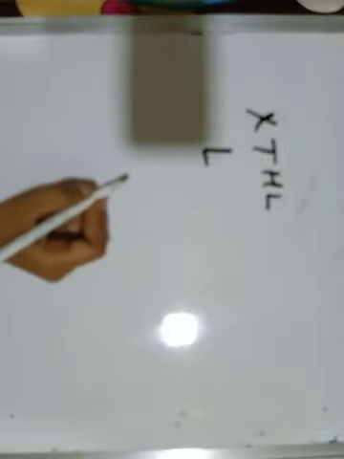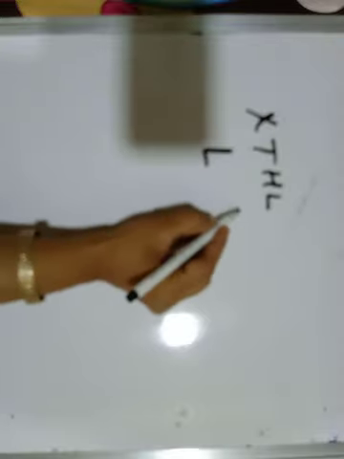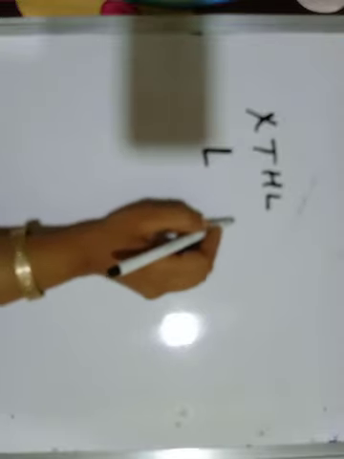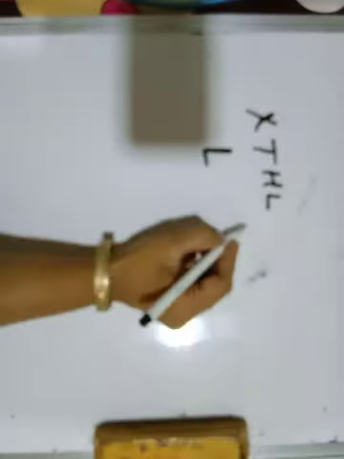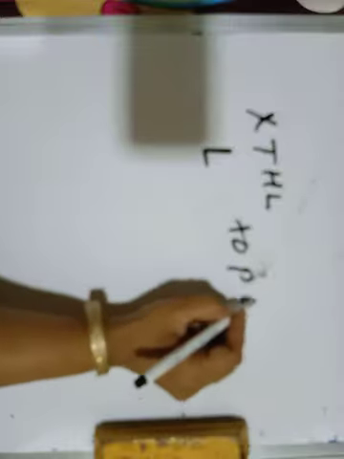The stack is a group of instructions or data that we are storing. It is a single byte instruction, and after execution the content of the L register will be exchanged with the content of the top byte of the stack.